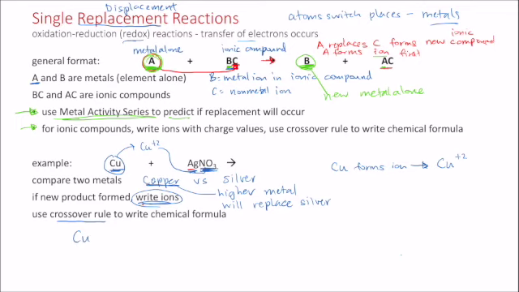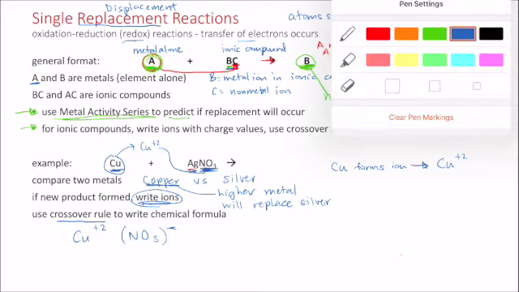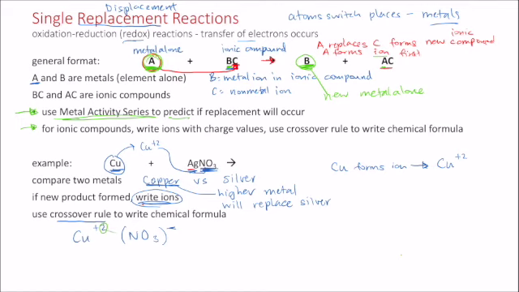So this would be Cu +2, and then write the nitrate ion, NO3 minus, and then use this number, cross over and down, and you end up with the chemical formula, which is going to be Cu(NO3) with a subscript 2. There should be no plus or minus signs, and this 3 stays inside of the parentheses.